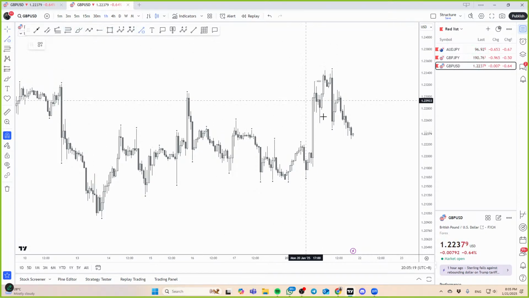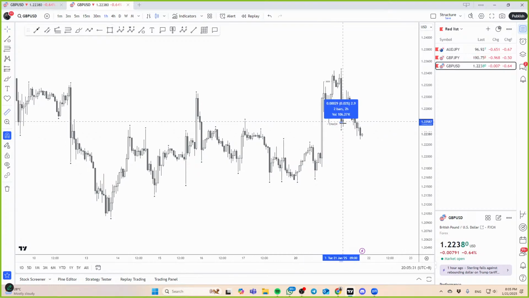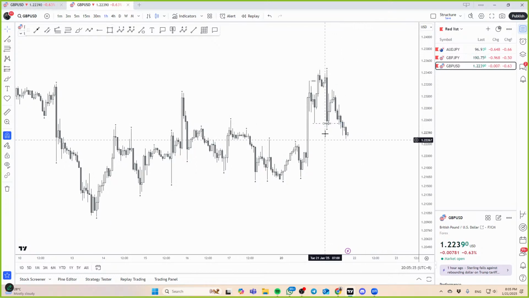At this moment, price is taking out the previous internal swing low, so this can also be seen as an internal break. It's giving us a little clue that a setup may occur, but it's not entirely ready at the moment. We're not able to put in a pending order right now, but there might be something developing.